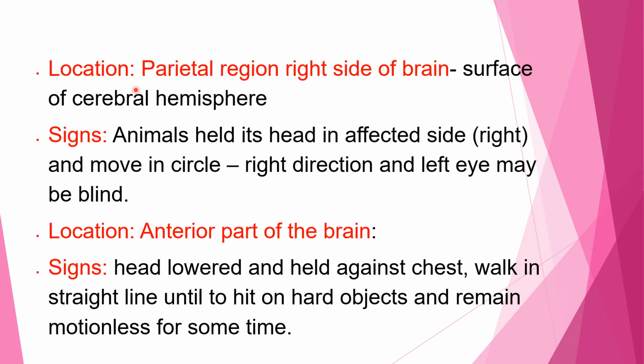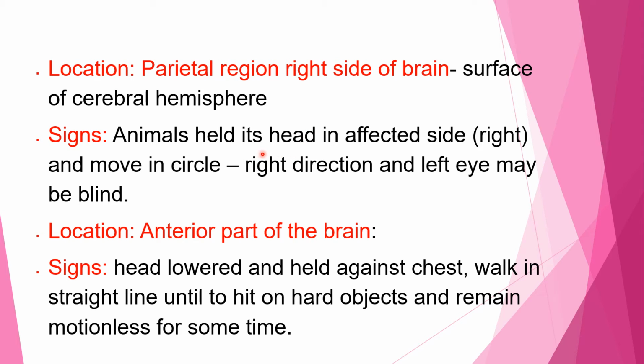If the location is in the parietal region of the right side of the brain and on the surface of the cerebral hemisphere, previously we have seen the location on the left side, now the right side of the brain. There are opposite signs.